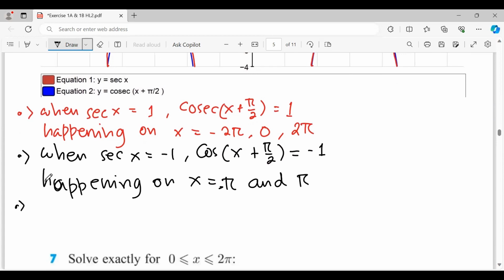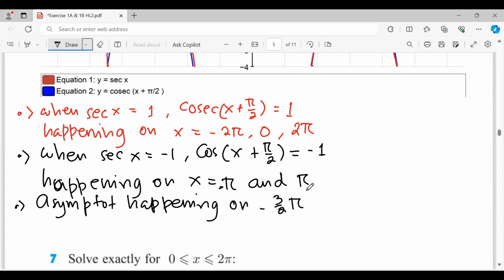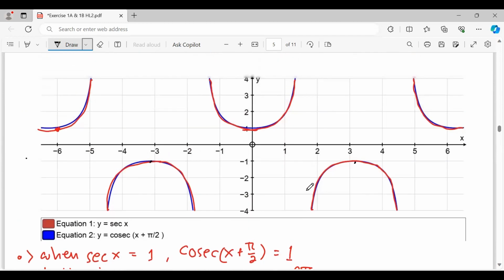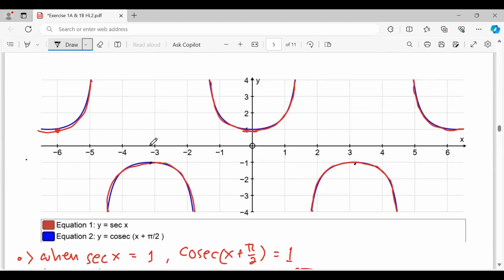The next note is the asymptote, happening on minus 3 half pi. If this is minus pi here, minus 2 pi here, 3 half pi is around here.